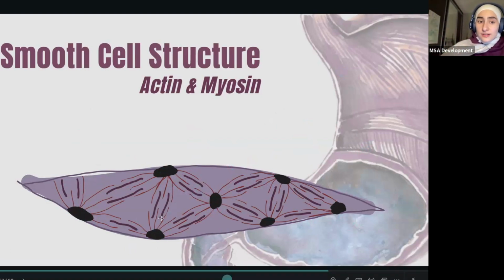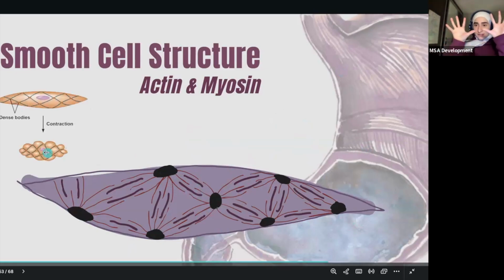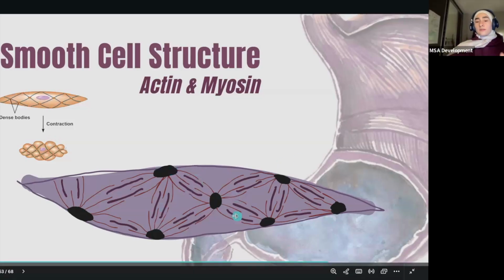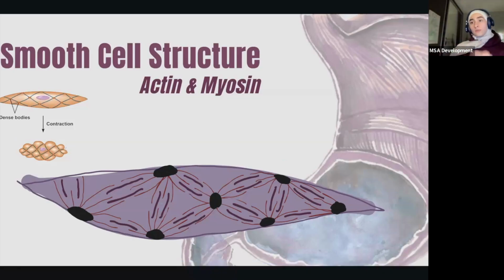However, if this is how the organization is, our cell's going to contract all over. It's going to essentially compress all over like this. Like you can see here, all you're going to do is bring all your dense bodies closer to each other rather than just compressing along its length. We're doing this instead all over. I hope this makes sense.